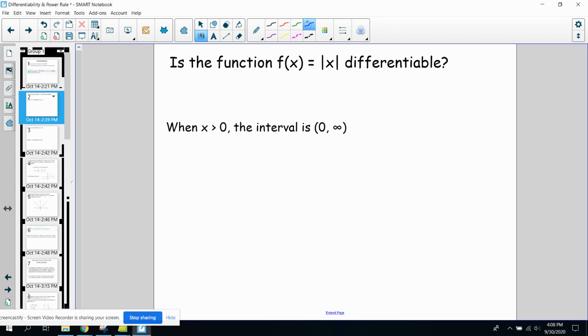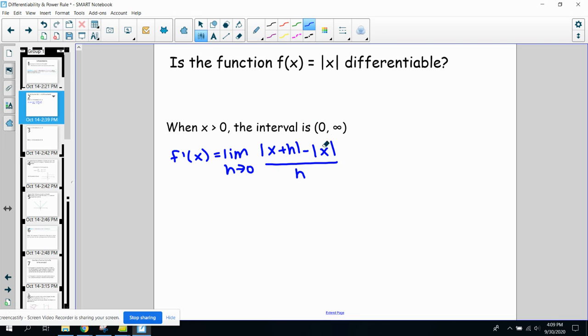So I want to find the derivative, f prime of x, on this interval. We're going to use the limit definition of the derivative, f of x plus h minus f of x over h. So I have the limit as h approaches 0 of the absolute value of x plus h minus the absolute value of x over h.